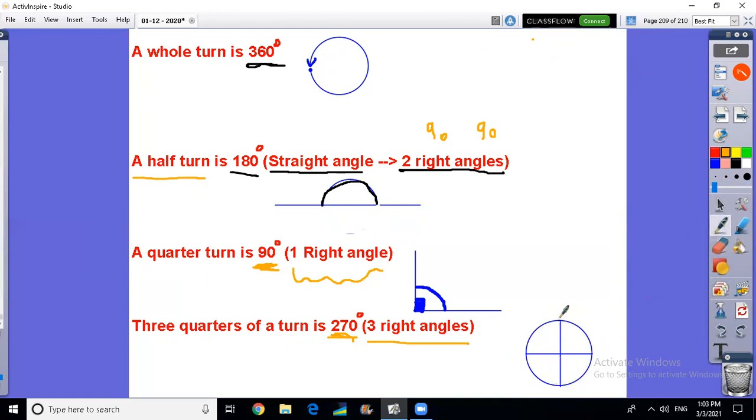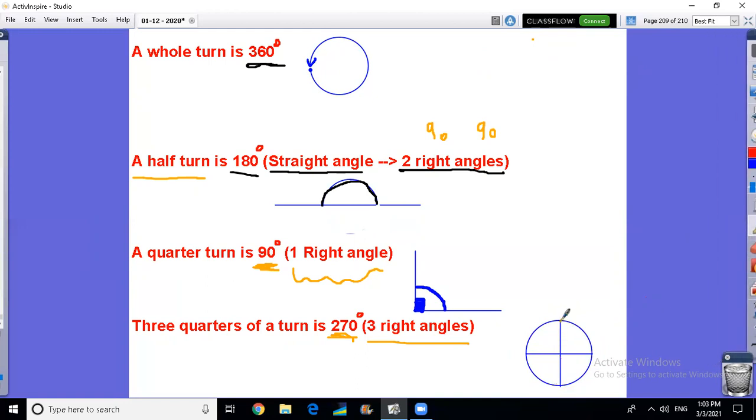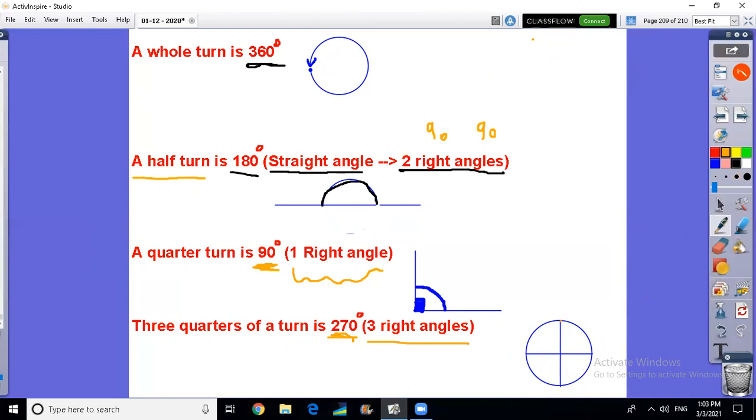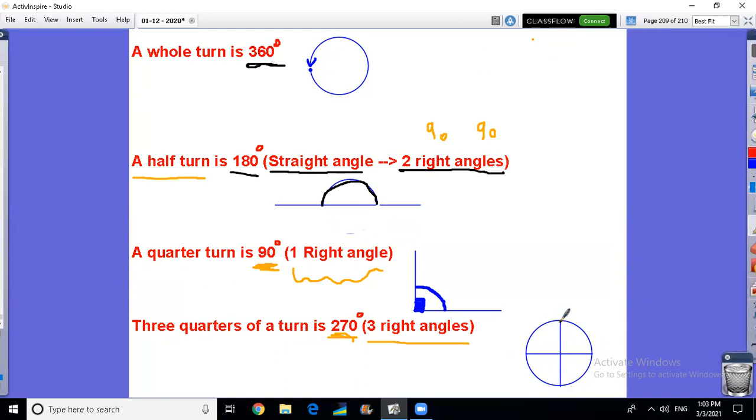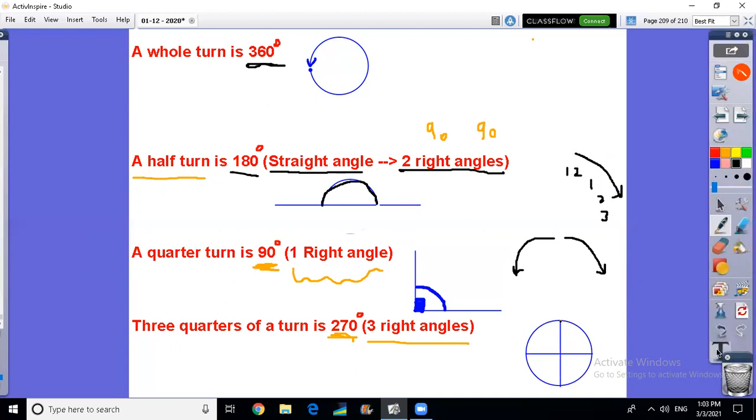I'm here, and I want to move 90 degrees clockwise. How does the clock move? Does the clock move this direction or this direction? You're going to find that the clock goes from 12, then moves to 1, then to 2, then to 3, right? So it keeps moving in this direction.